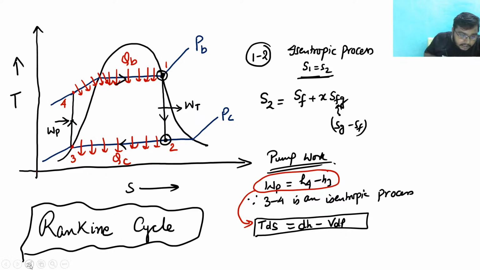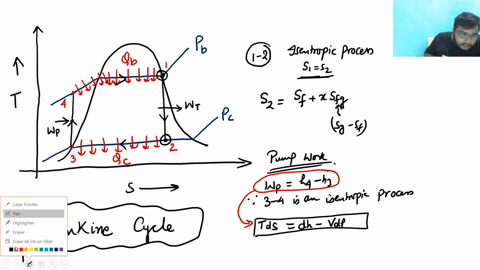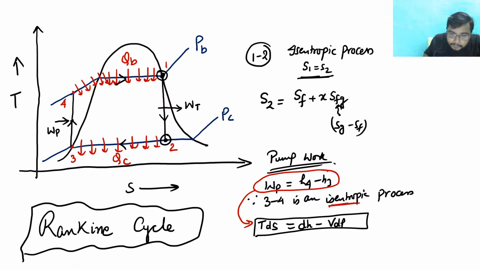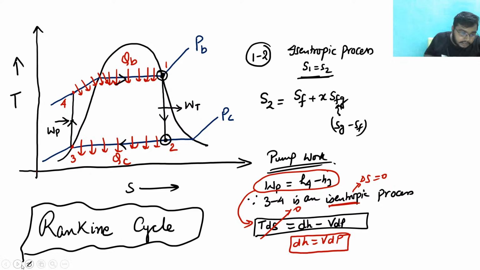Since it is an isentropic process, isentropic means entropy is the same, delta S is equal to 0, so the TdS term is 0, and hence dH is equal to VdP. Clear? So I get the result dH is equal to VdP.